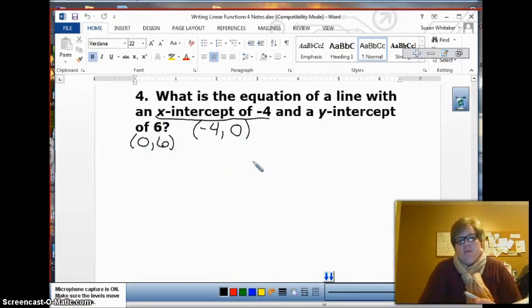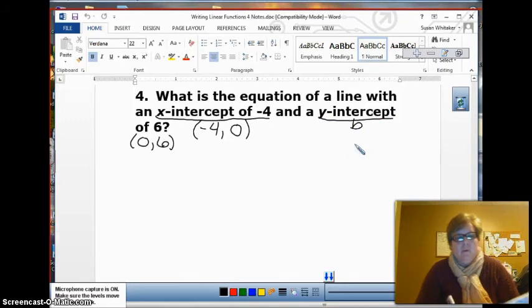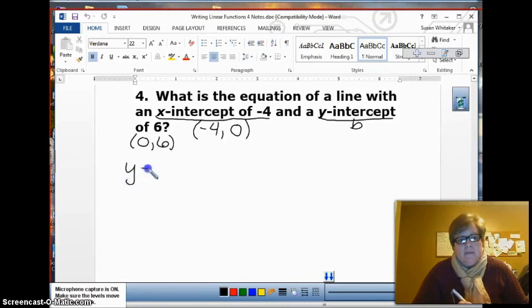So now I've got 2 points, and because I have the y-intercept, I actually know what b is. So very cool. I can use my y equals mx plus b formula if I could figure out what slope was. Because I got the b, m, slope, 2 points. Oh yeah, we've got that slope formula.